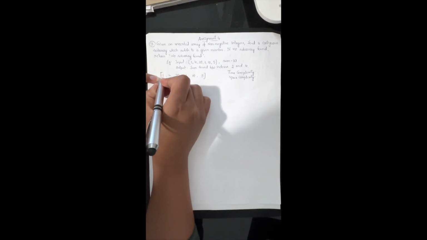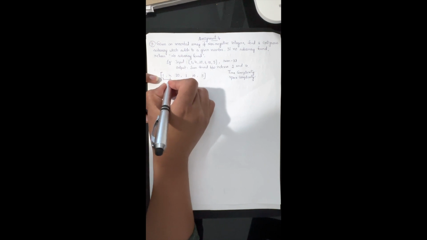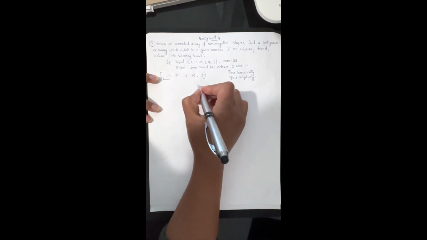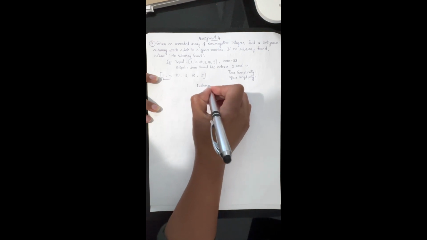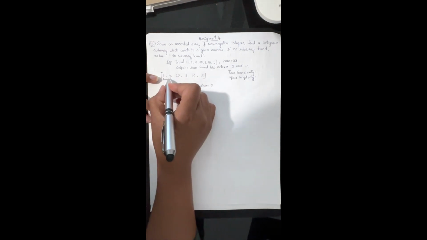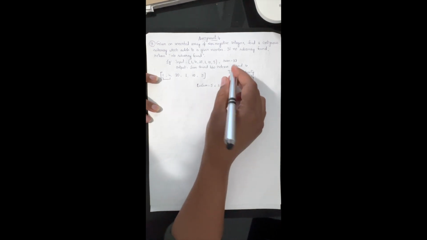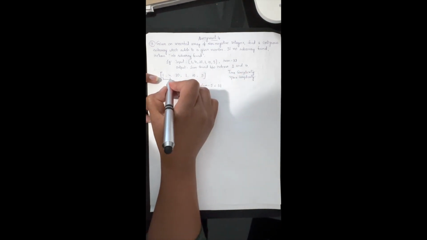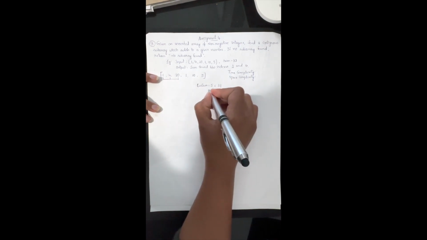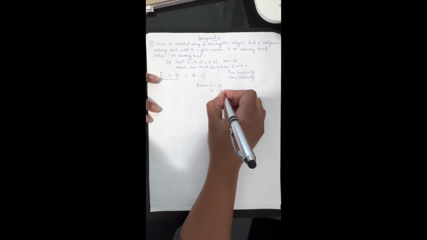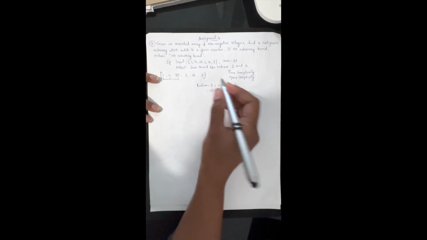If it is not, then I am going to add the next number. So the current sum becomes 5, which is less than the given sum. So I'll add the next number to it.